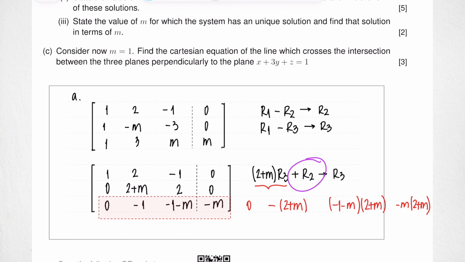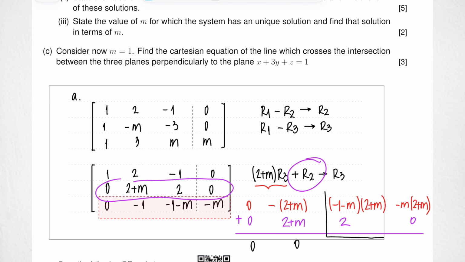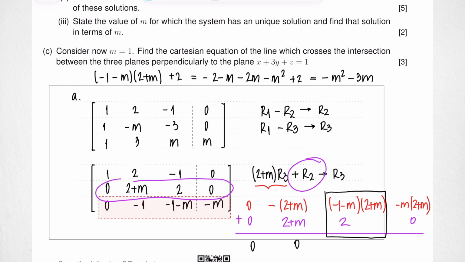And when we add row 2 to it, what we're going to get is 0, 0, which was the purpose in the first place, to eliminate this guy, then (-1 minus m) times (2 plus m) plus 2, which if you want to calculate separately gives you negative m squared minus 3m, and then for the last coefficient, negative m times (2 plus m).